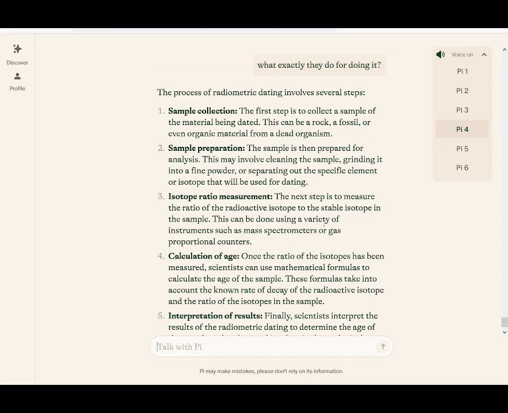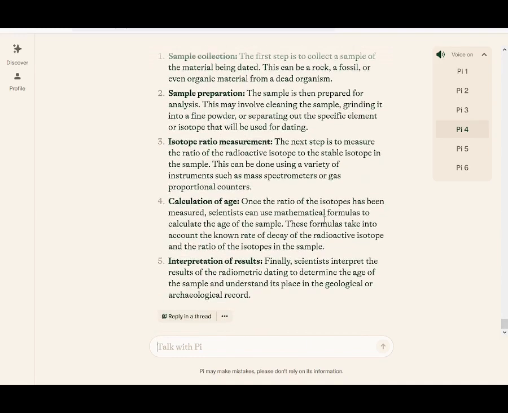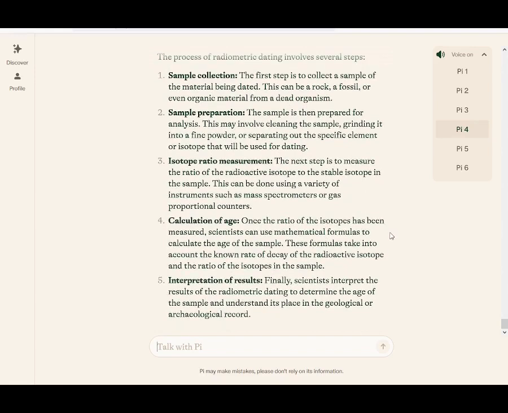These formulas take into account the known rate of decay of the radioactive isotope and the ratio of the isotopes in the sample. 5. Interpretation of results. Finally, scientists interpret the results of the radiometric dating to determine the age of the sample and understand its place in the geological or archaeological record.